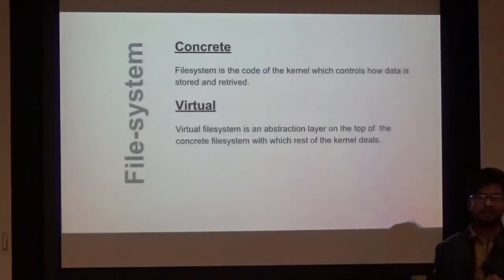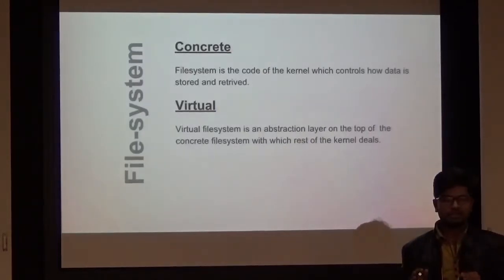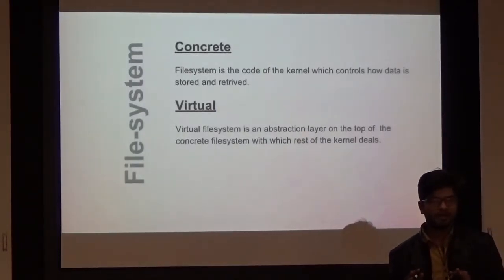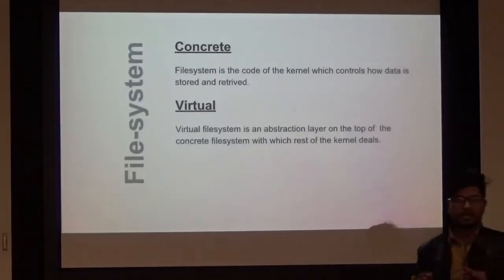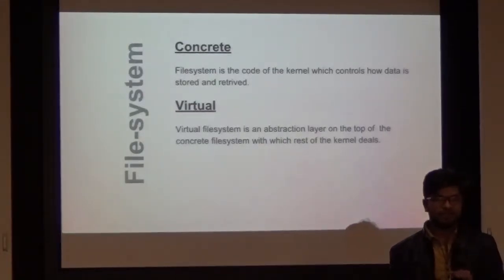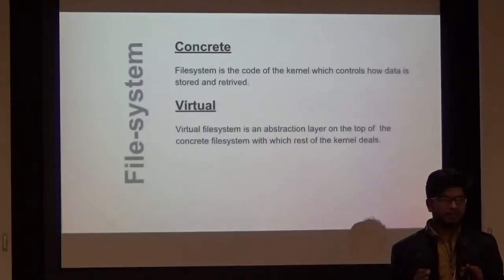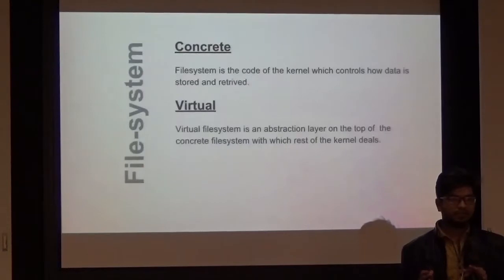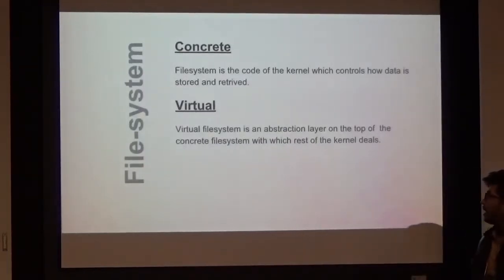So there are two things, a concrete file system and a virtual file system. A concrete file system is the actual file system, the module of the kernel which controls how data is stored and retrieved from the disk. This is the actual implementation of the file system, which takes care of the strategies to store and retrieve the data.